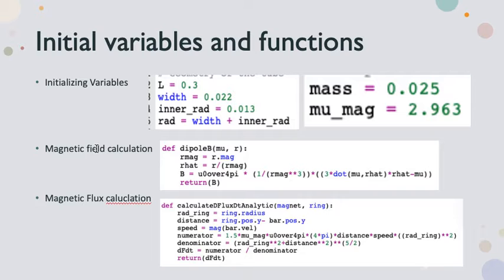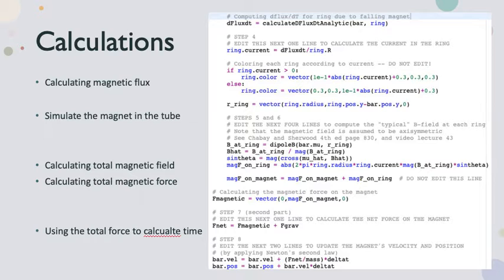With those values, we created two functions to be used in our GlowScript code: the first to calculate the magnetic field, and the next to calculate the magnetic flux.